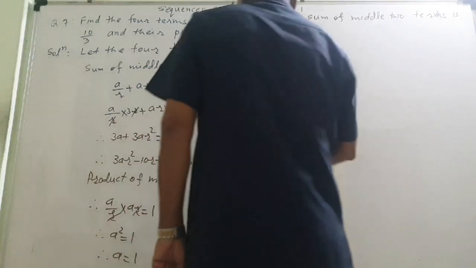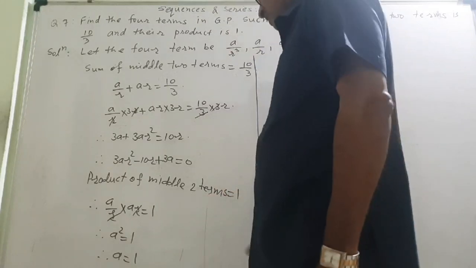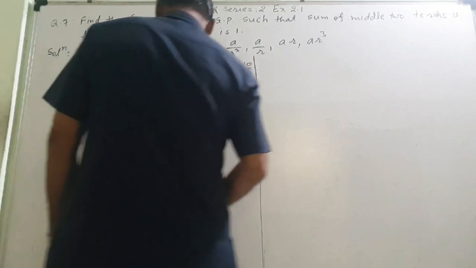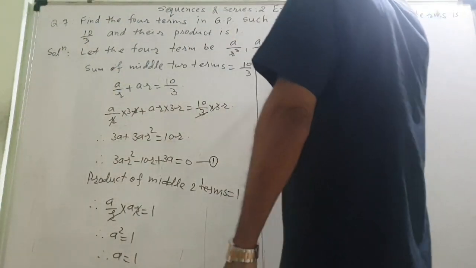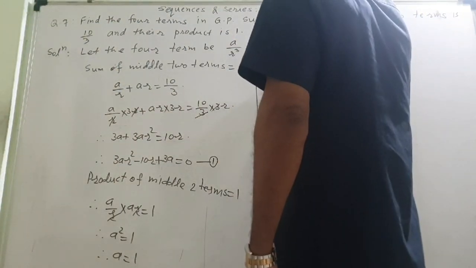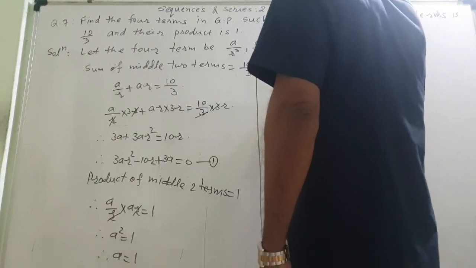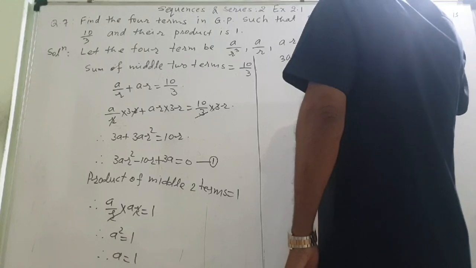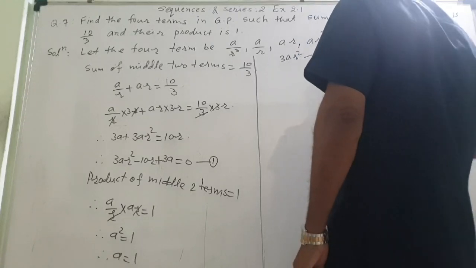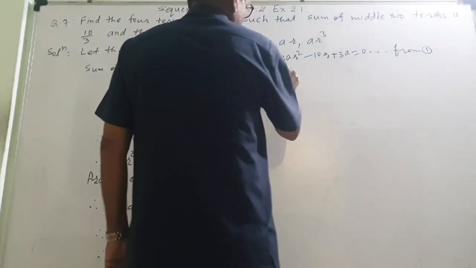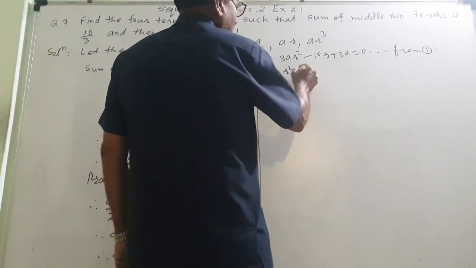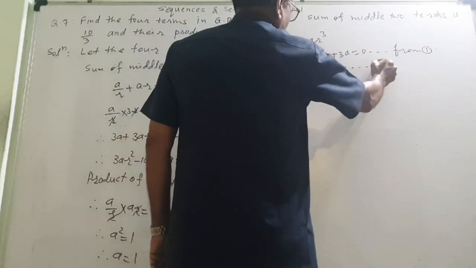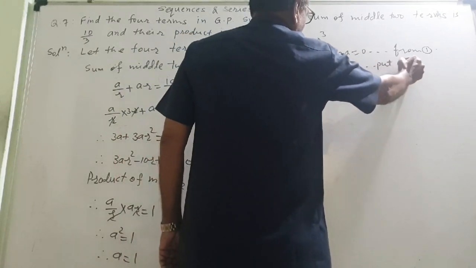Now a we have got. This is equation 1. So 3ar square minus 10r plus 3a equal to 0 from 1. Therefore, 3r square minus 10r plus 3 equal to 0, putting a equal to 1.